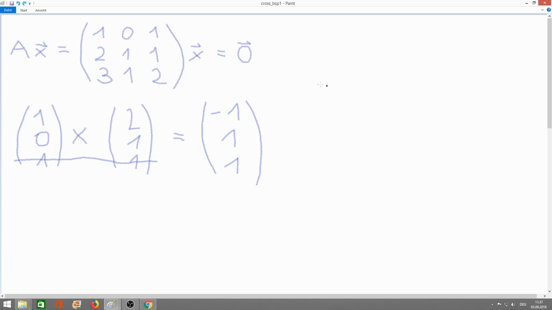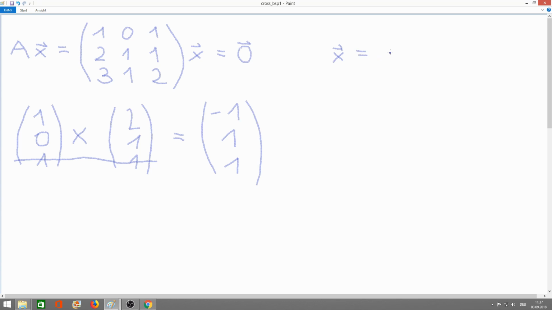By inserting this vector into the system, we can see that it is a solution of the system. So the rank of the matrix is 2, and the solutions x are multiples of this vector.